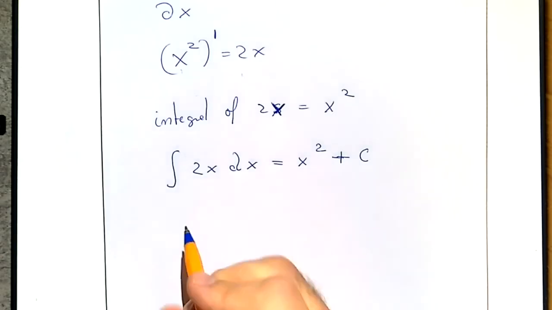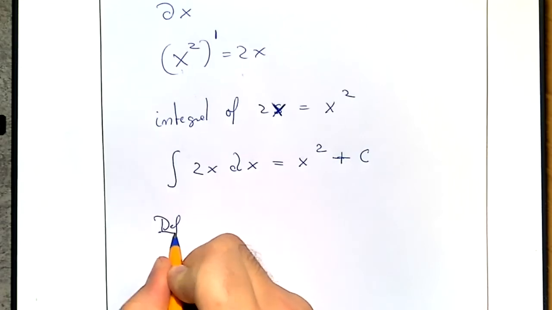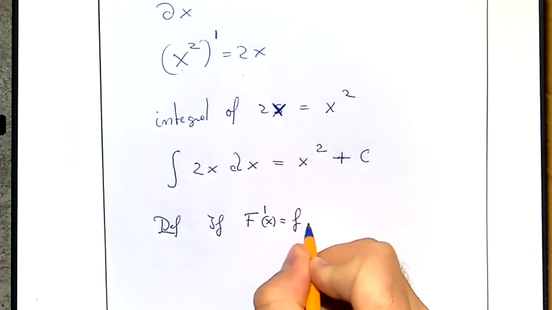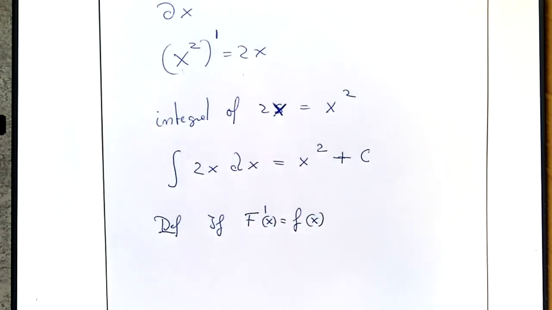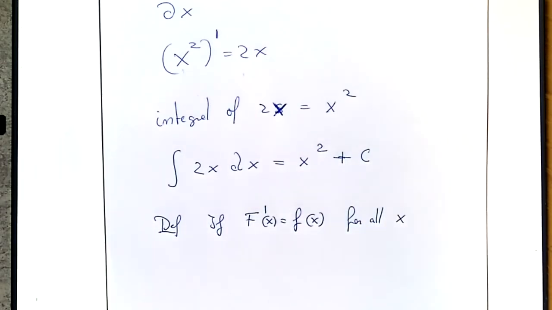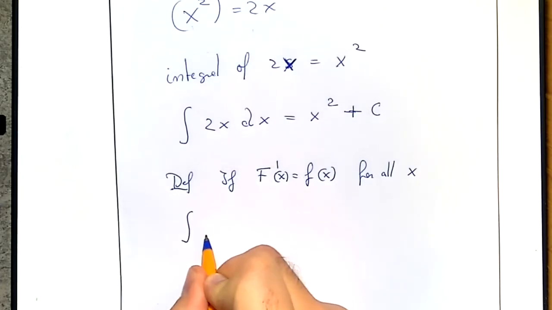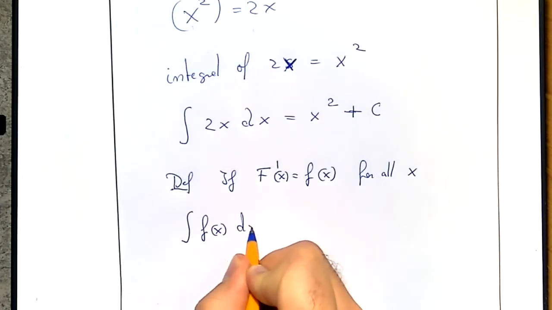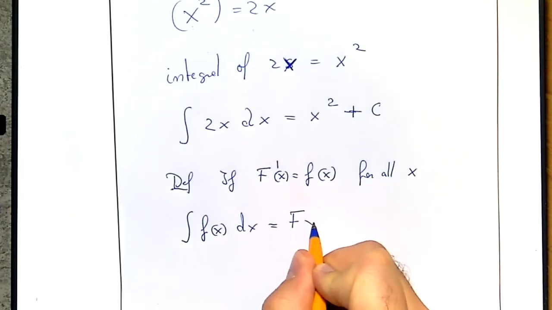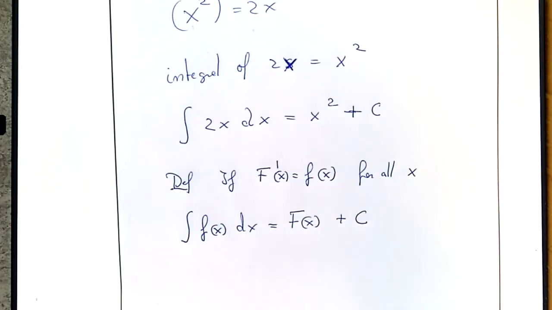The definition is something like: if the derivative of F of x is equal to small f of x, for all x's, then the integral of f of x dx is equal to big F of x plus a constant. Okay, why is that constant? Because if you take a derivative of the right side, the constant just disappears. Okay, good.